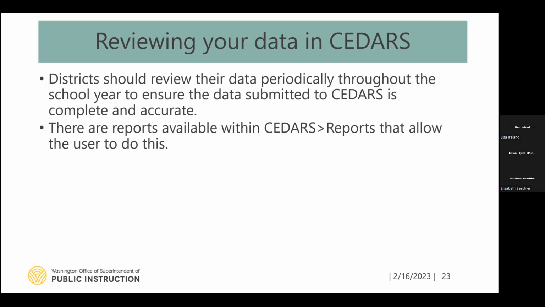All of this information comes in, and we're trying hard to allow you to look at your information. But we recommend that you review your data periodically throughout the school year to ensure the data submitted is complete and accurate. Again, we're going to walk through the reports available real quickly.